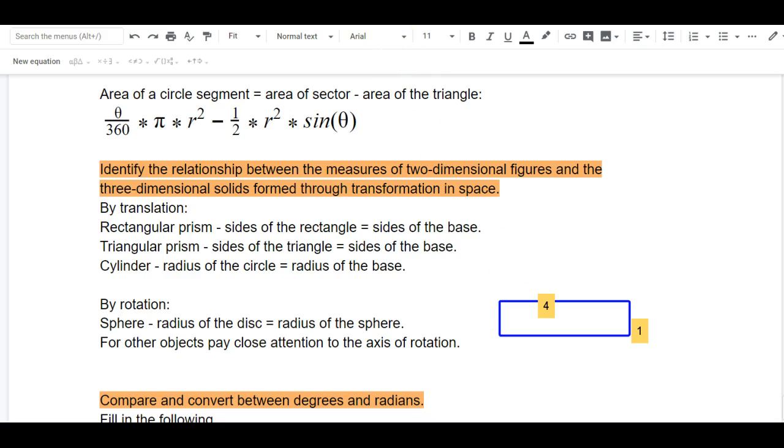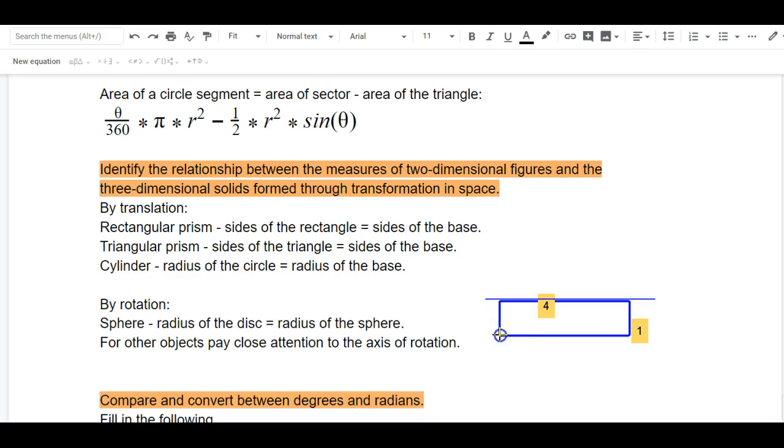The first one we'll do is if I were rotating it along this axis, right? If I were rotating it along that axis right there, well, then this would end up being the radius, right, as it spins around. Let me try to get a little dotted line here, right?